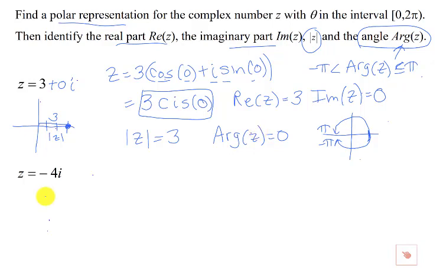Now looking at this next one, if we were to plot this one, it's 4 in the negative direction along the imaginary axis. This could also be written as 0 minus 4i.